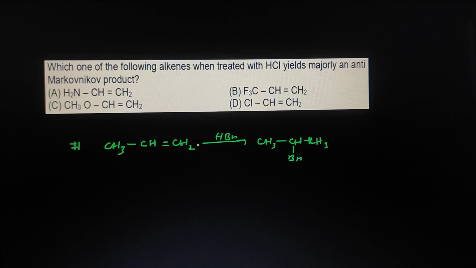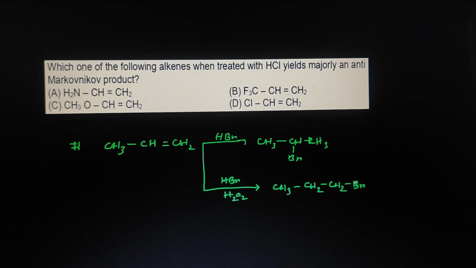But if we add HBr in presence of H2O2 or any peroxide, then we will get CH3 CH2 CH2Br.